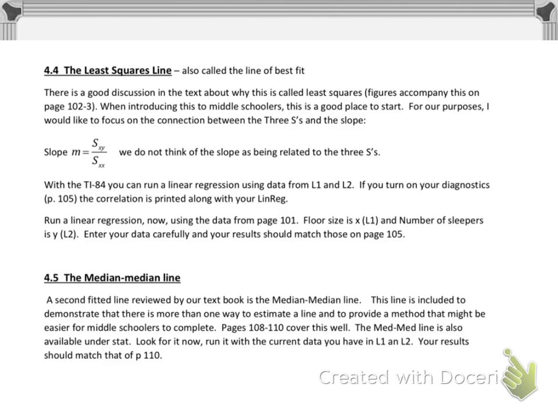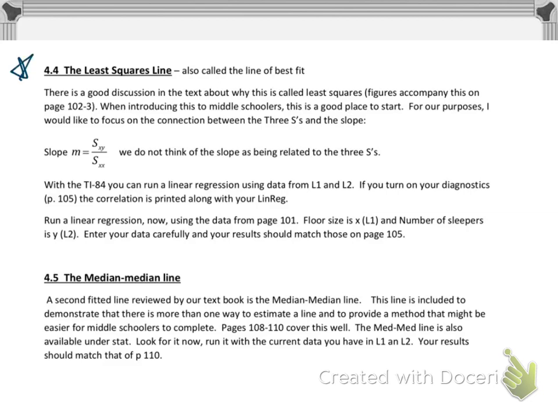Okay, so in life, you're generally not given an equation of a line. You usually have to estimate it yourself. So we're lucky in that we have technology that will help us do that. But there are two major ways to get your equation of a line. One is through least squares, and the other is the median line method.